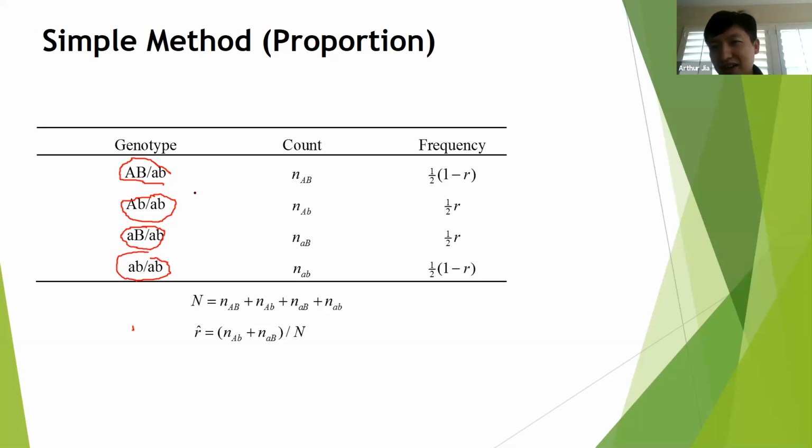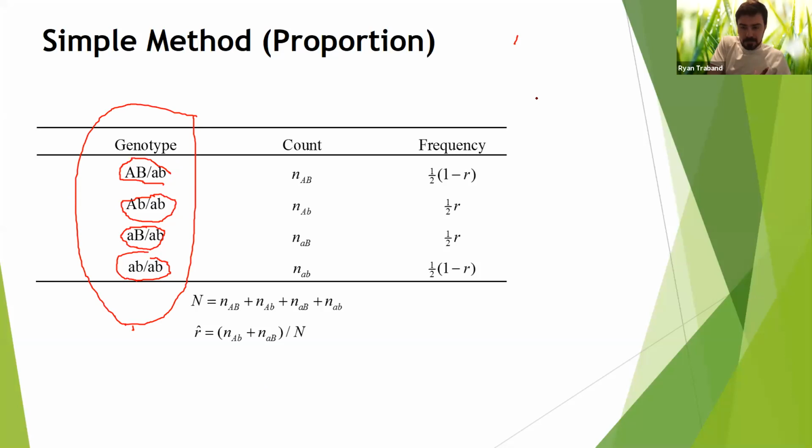Is that clear? Any questions so far? If we do the test cross, any questions about this? How did we get this? So this is the back cross, right? Suppose the same distribution as before.